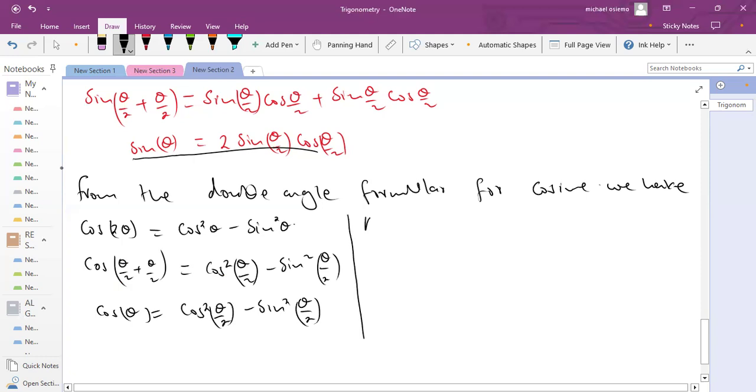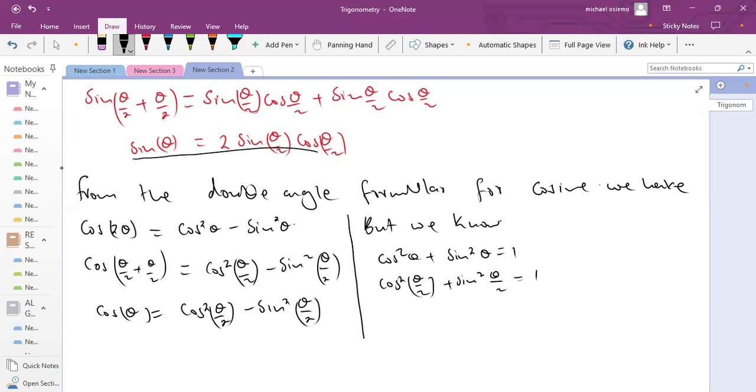But we know that cos squared theta plus sin squared theta is equal to 1. So this also means that cos squared theta over 2 plus sin squared theta over 2 is still equal to 1, because here our angle is theta over 2.